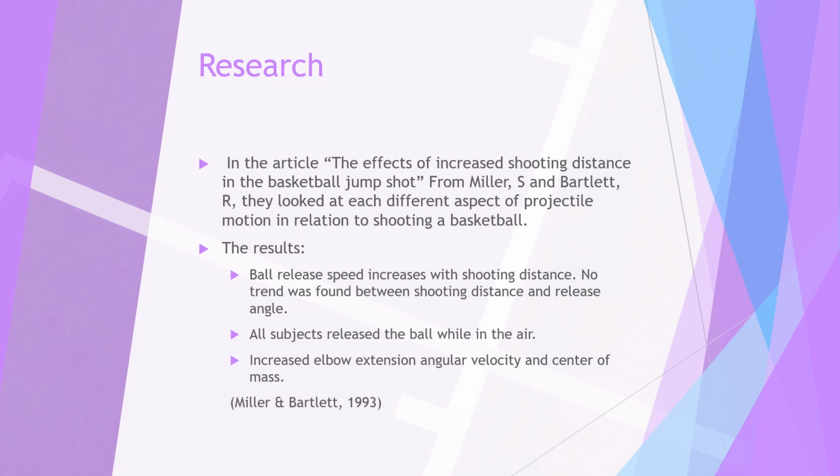They found that there was no trend between the release speed or shooting distance and the angle itself. So it doesn't matter how far away you are from the actual basket, the release angle will stay the same. It also doesn't matter how quickly you shoot, your release angle will still be the same.